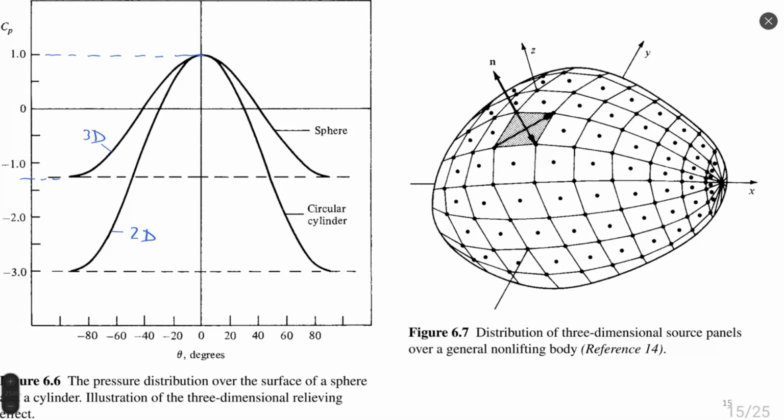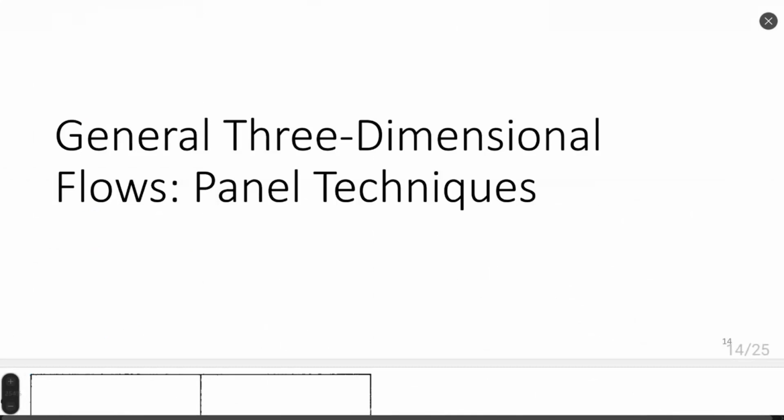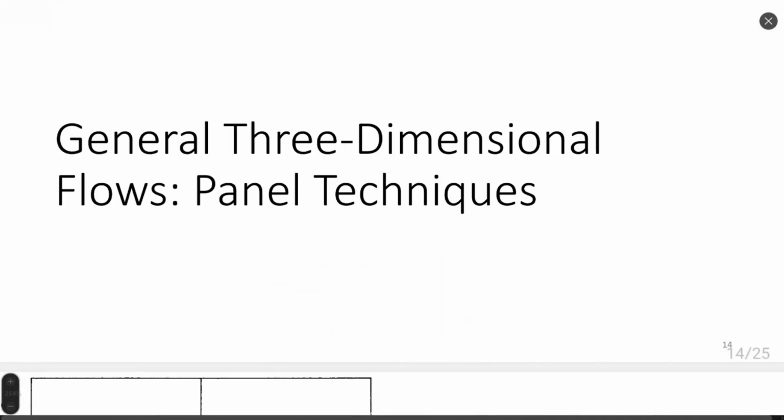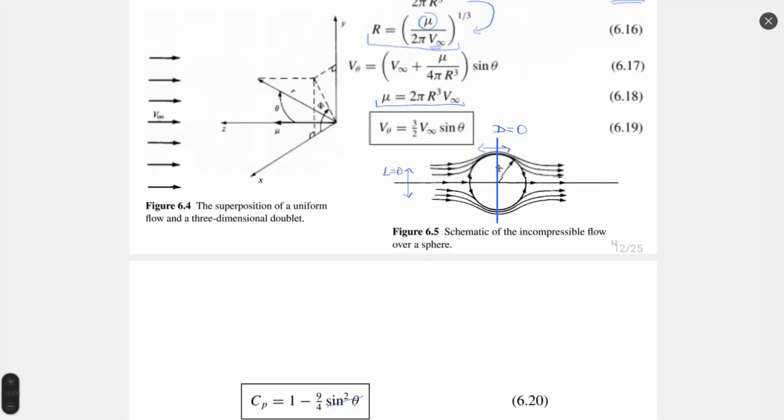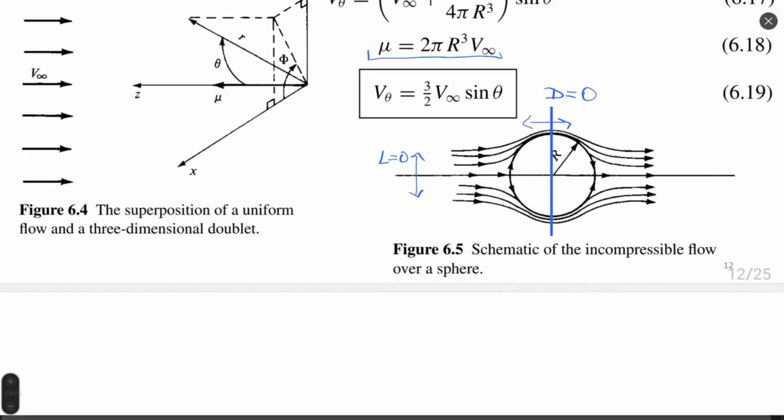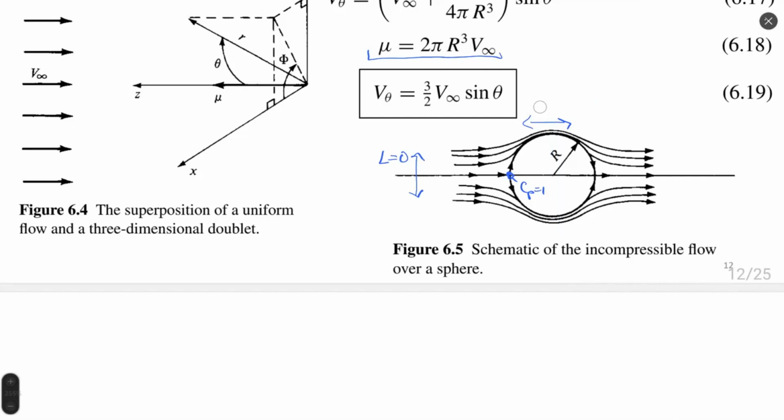The pressure coefficient has a straight relation to velocity. It means that for the sphere, the velocity on the top of the sphere here, let me go back to the schematic. Here is CP equal to 1. And here is CP equal to minus 1.25. A small negative value of pressure coefficient.